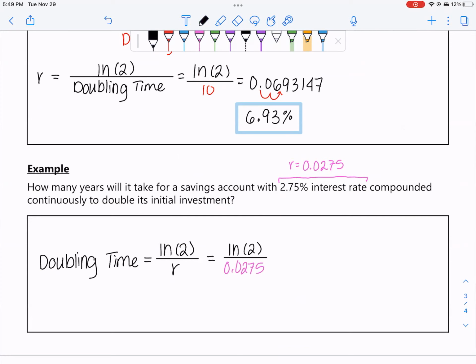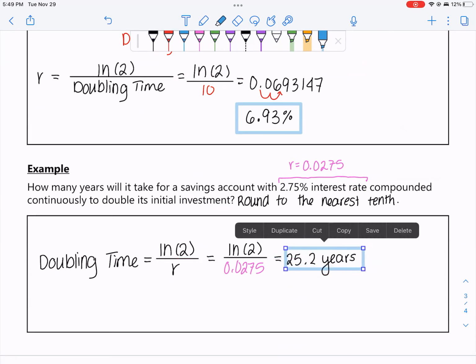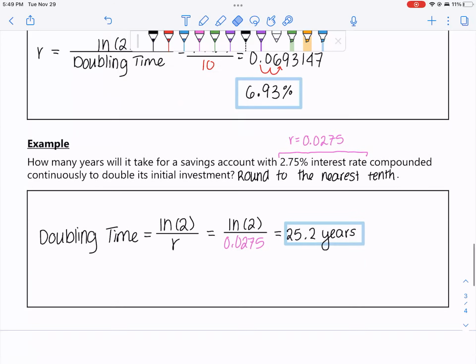Oh, this should say, what should we round to? Round to the nearest tenth. I thought I fixed this on the worksheet. So this will become 25.2 years.